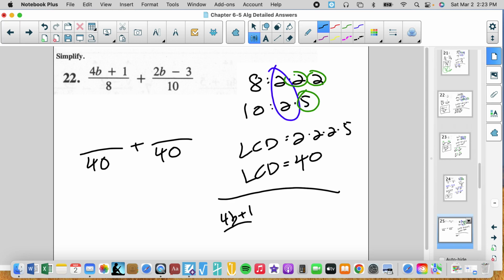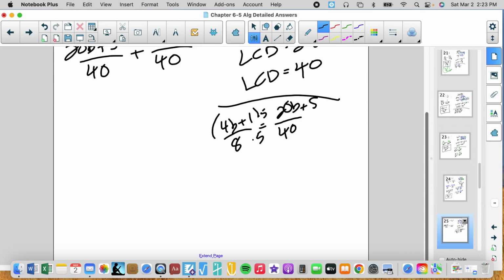4b plus 1 over 8 equals what over 40? We're going to multiply that by 5. So 20b plus 5. And the other fraction, 2b minus 3 over 10 equals what over 40? We're going to multiply by 4.